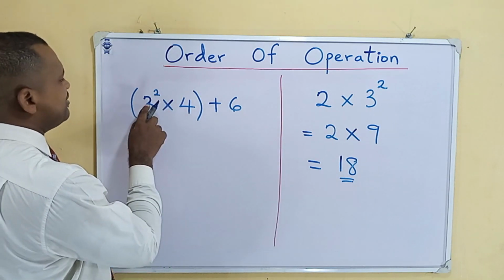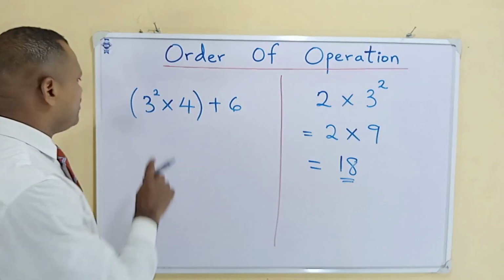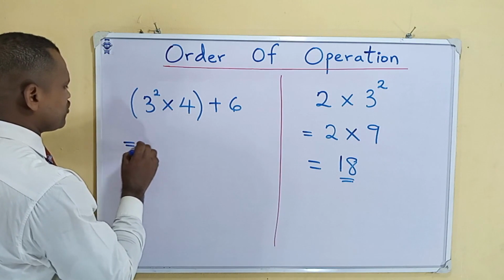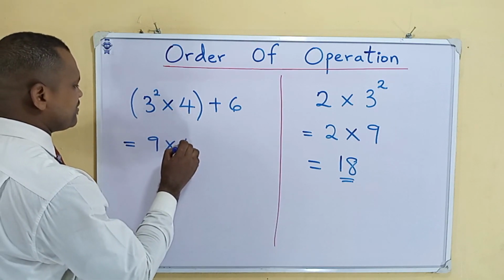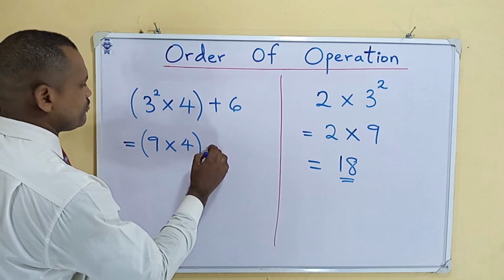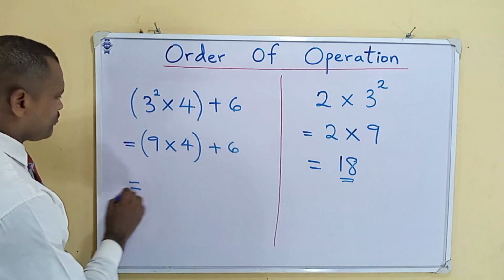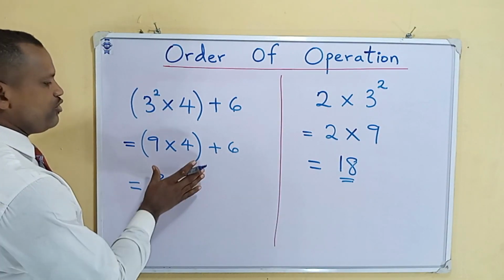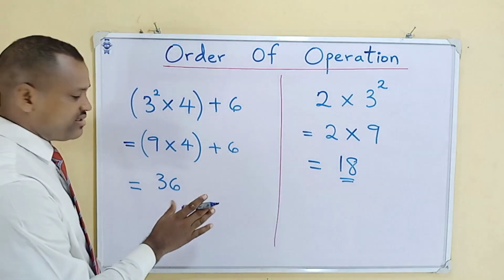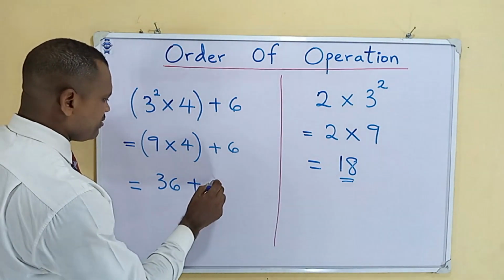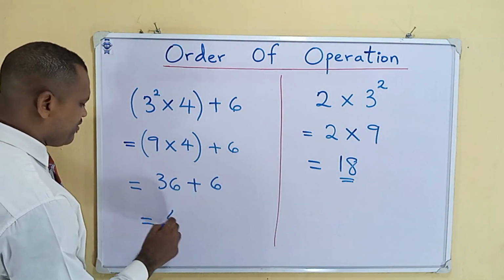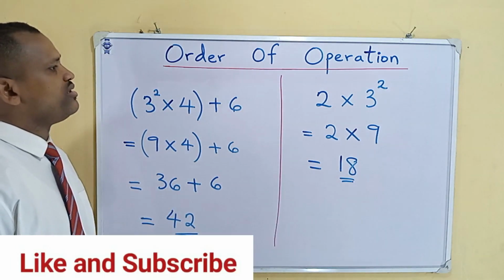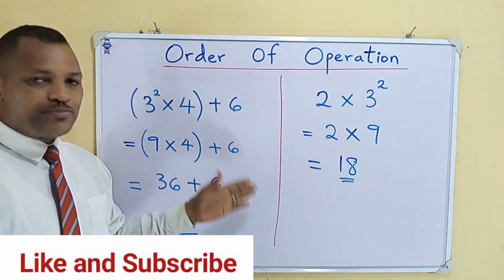Inside it we have 3 squared times 4. 3 squared is 9, times 4. 9 times 4 is 36. So we are done with the parentheses, plus this 6, and that will give us 42. Beautiful. So these are some examples that have to do with exponents.